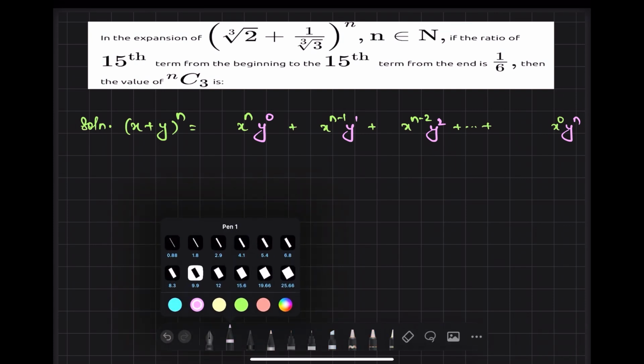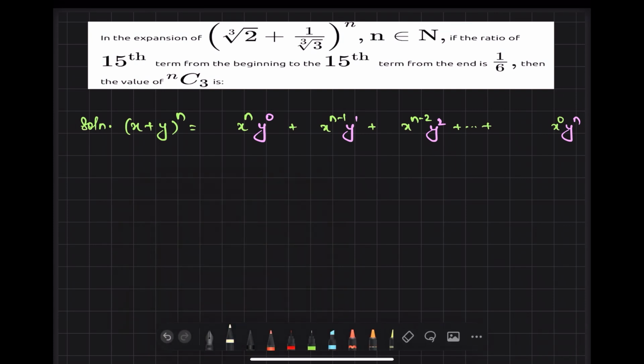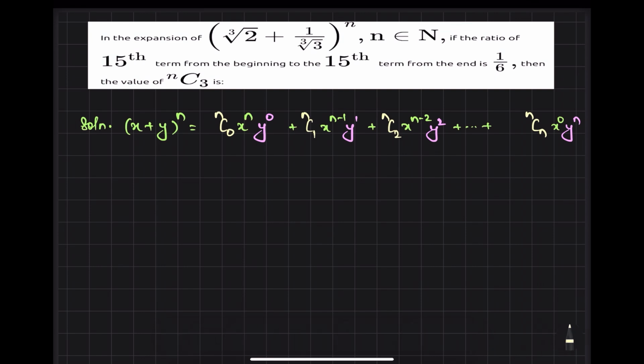Now you will introduce the binomial coefficients: nC0, nC1, nC2, up to nCn. Suppose I ask you who is the second term from the start. You will answer this thing, correct?